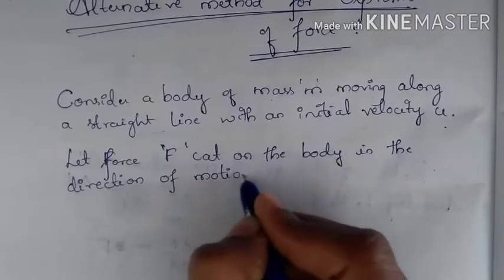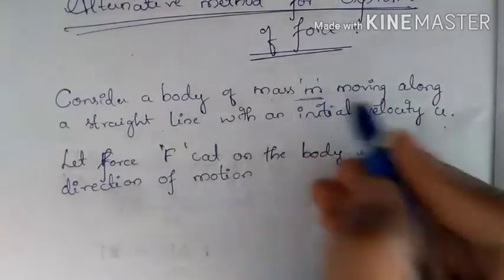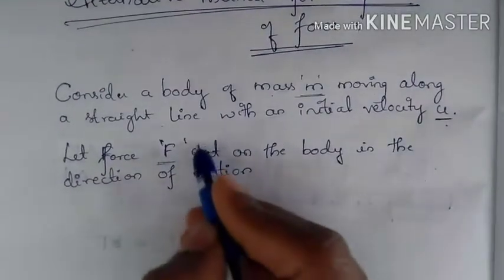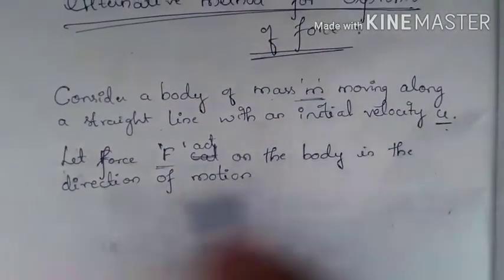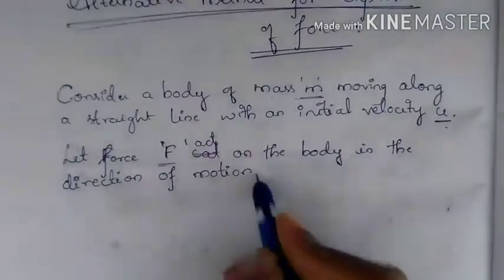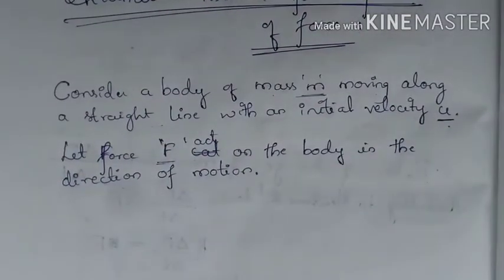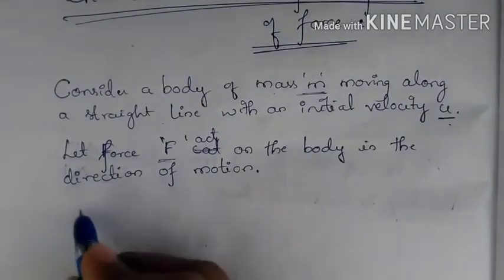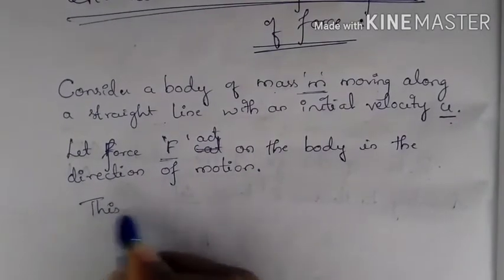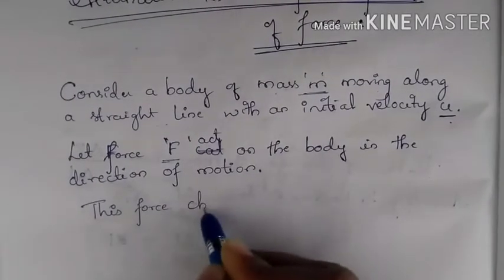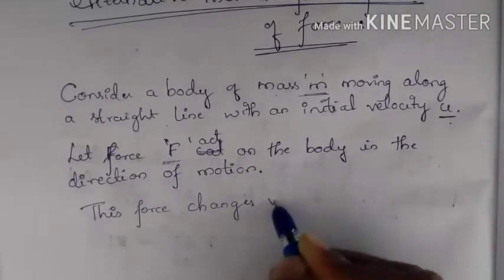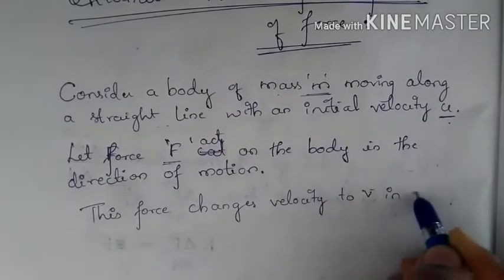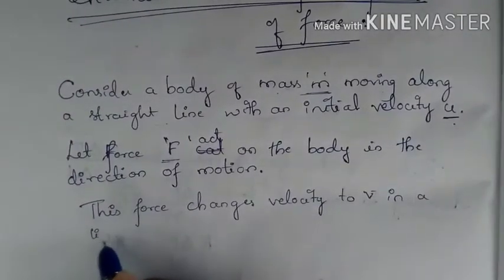So here you have a body of mass m which has an initial velocity u, and there is a force which is acting on the body in the direction of motion. Next, this force changes the velocity to v in a time interval t.